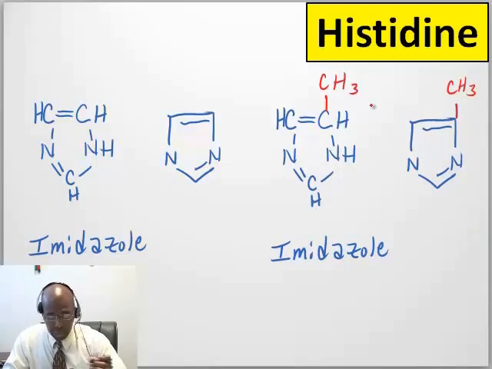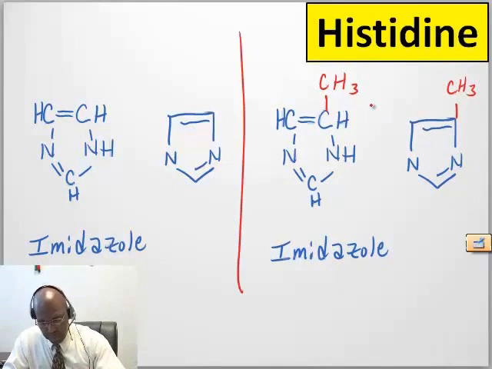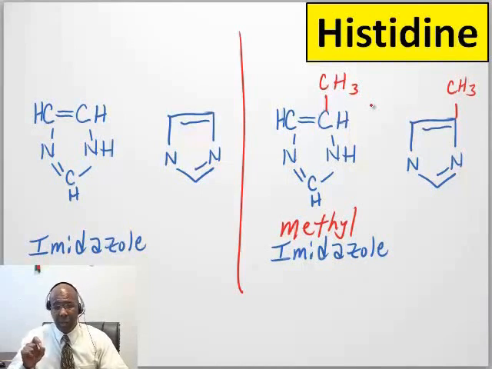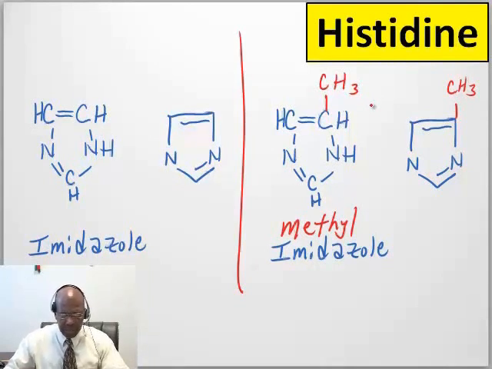And now this is no longer imidazole. So we have imidazole on the left, and we have methyl imidazole on the right. And methyl imidazole is going to be the parent of our R group. And so now, let's make our amino acid histidine.